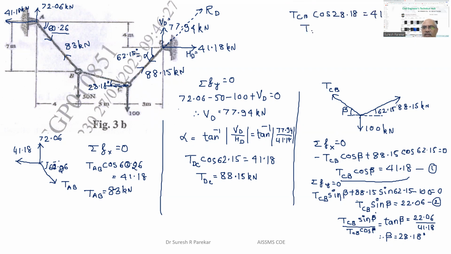And solving this, we have value of TCB cos 28.18 is 46.72 kilonewton. So tension in this cable also we have 46.72 kilonewtons. And then we have forces, or tension in the cables, in this way.